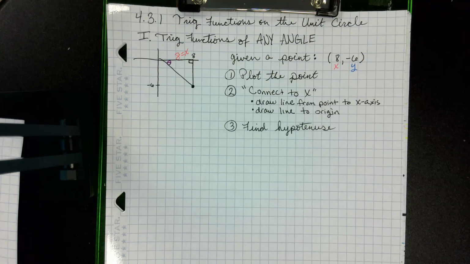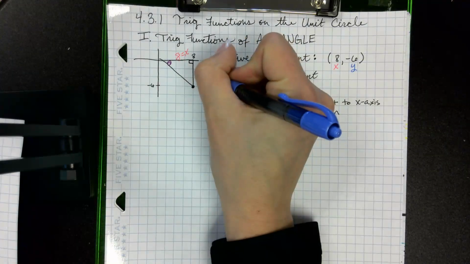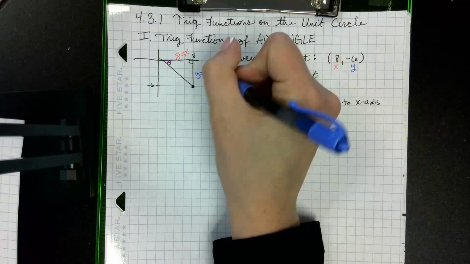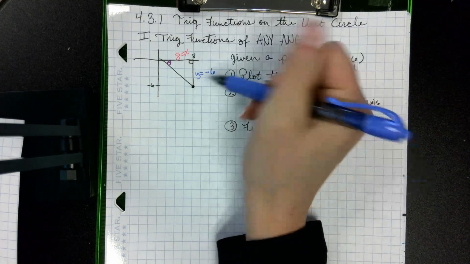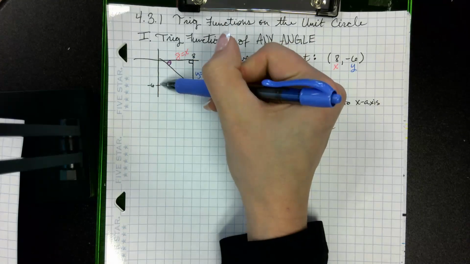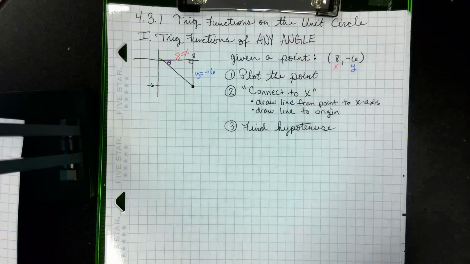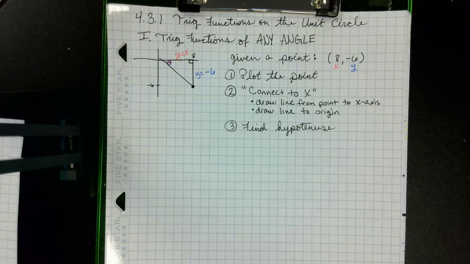And the vertical component, since the y-axis is vertical, y equals -6, because the negative tells us we went down from the origin, and the 6 told us we went 6 units in the down direction.